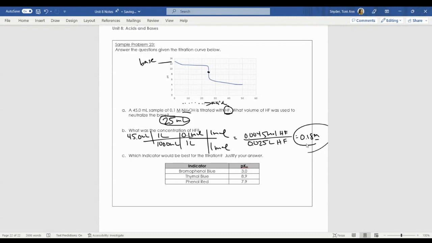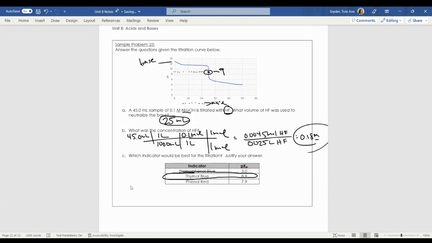What indicator would be best for the titration? So for this particular reaction, we want something that signals the equivalence point. And the equivalence point is somewhere about 9, right? About a pH of 9. So my best indicator would be thymol blue because that's also going to signal the endpoint at about a pH of 9, right?